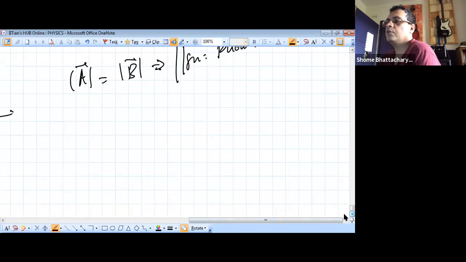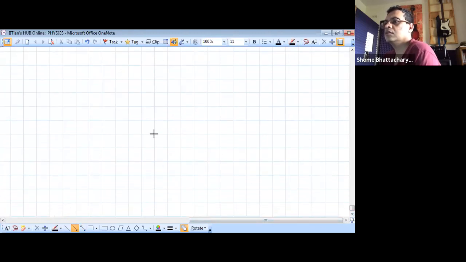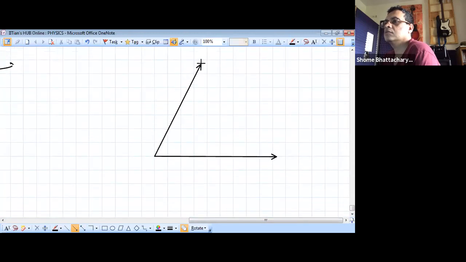So the rhombus has these important properties that the diagonals bisect each other perpendicularly and also bisect the angles.